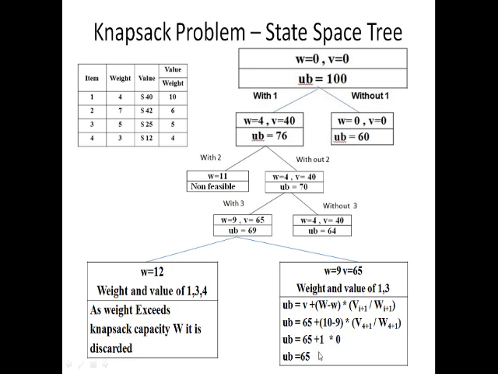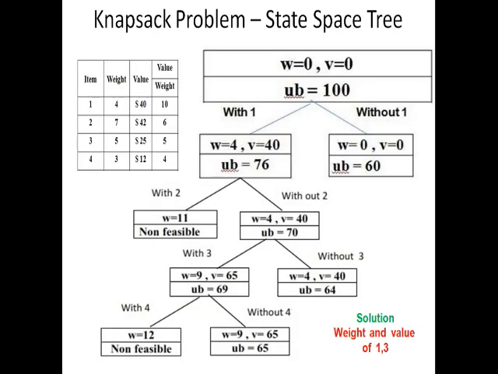That is 65. As per the concept, the maximum value should be considered. The left we had discarded because it exceeded the maximum capacity. The right is the only option that is considered. The next, this is the final solution for this input.